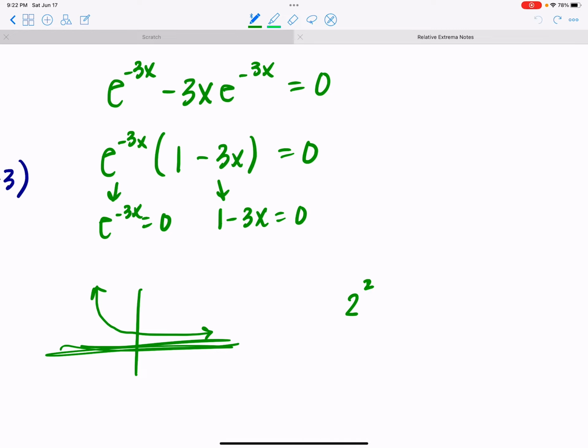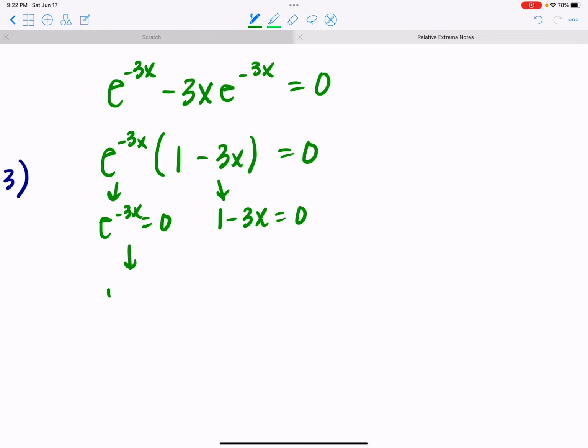If you make the exponent smaller, let's say you go 2 to the 0, well, then you get a 1. And then if you go negative, like 2 to the negative first, well, then you get a half. And then 2 to the negative second would be a fourth. And the smaller you make this, the smaller the fraction gets, but it's going to get infinitely small and it can't get to 0. So it's going to be impossible to make e to the x equal 0. So that's not going to get me a critical number.